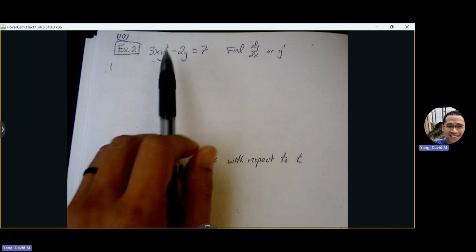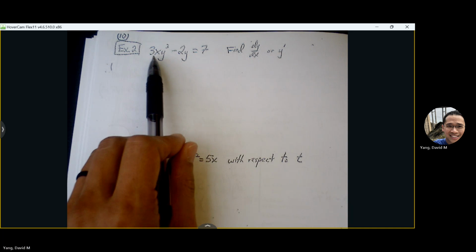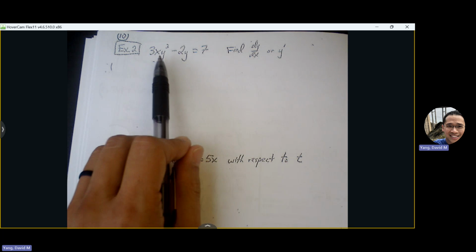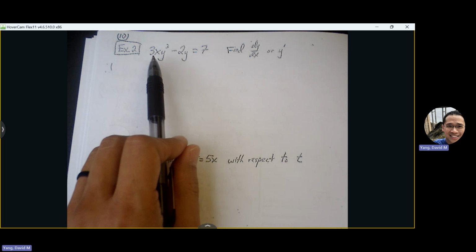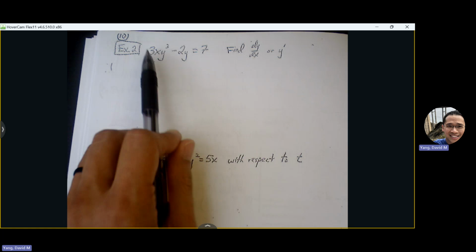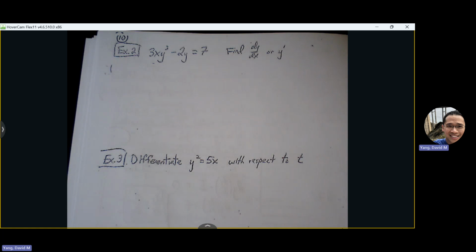Right, how many variables do you see here? 2. How are they related? Multiply. So what happens if we're trying to find the derivative of terms that are being multiplied with each other? What rule do we have to use? Product rule. Yeah.